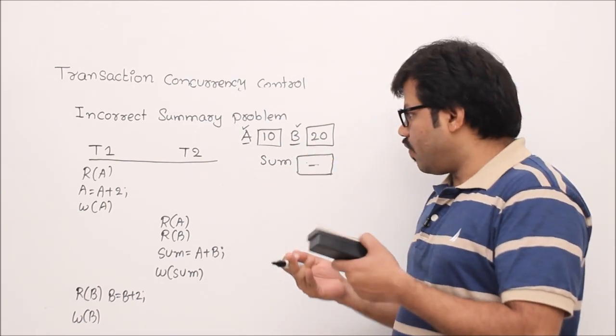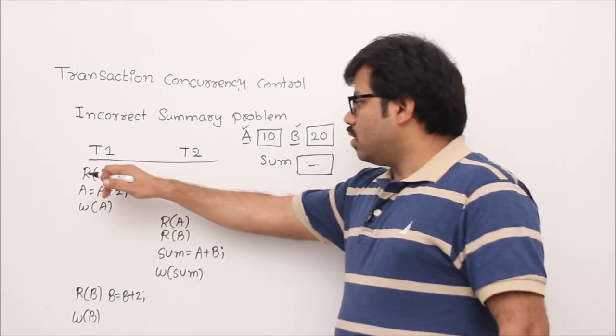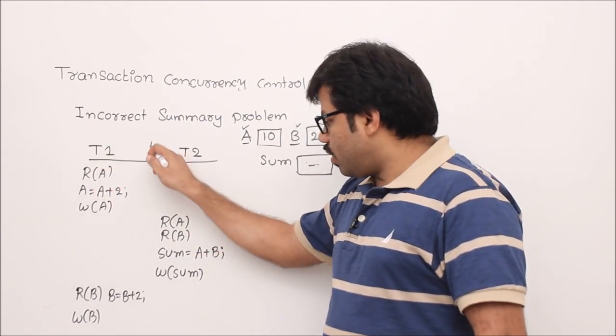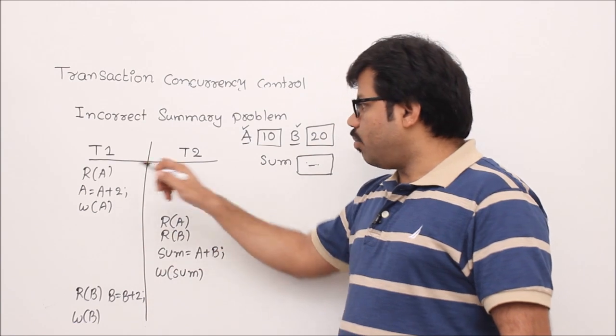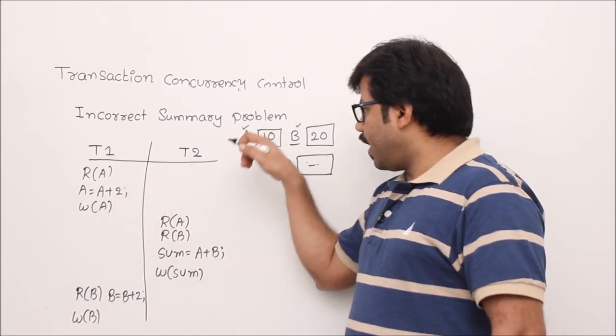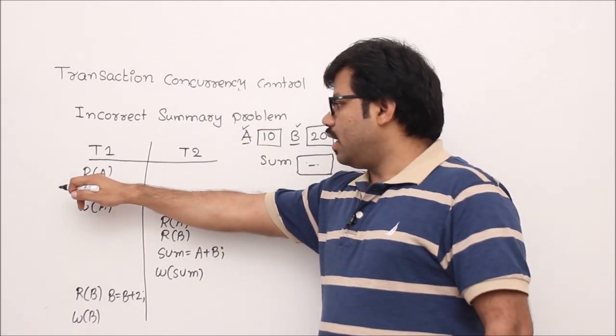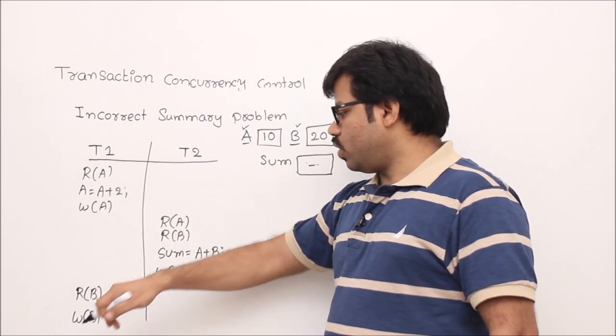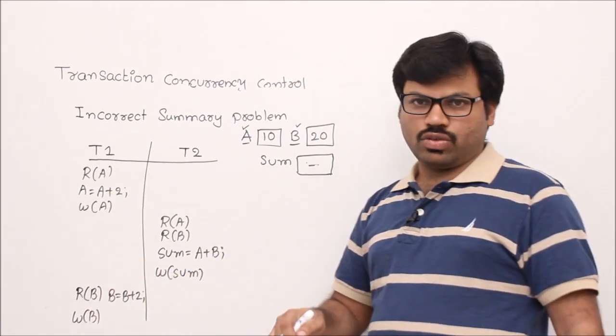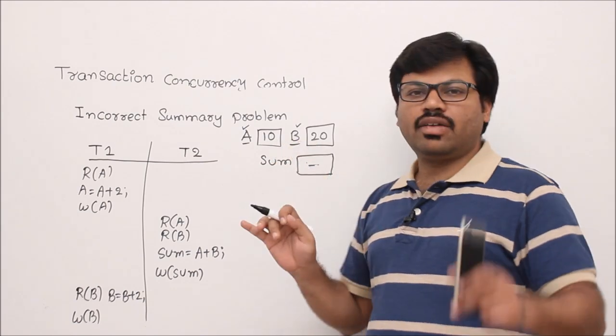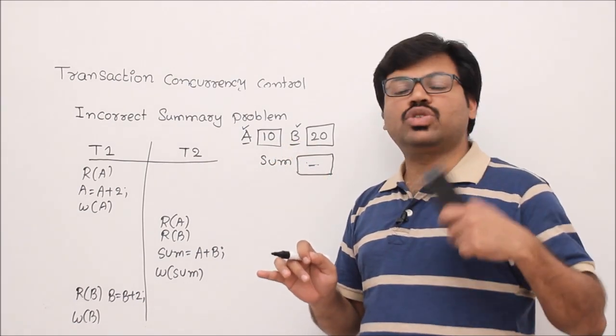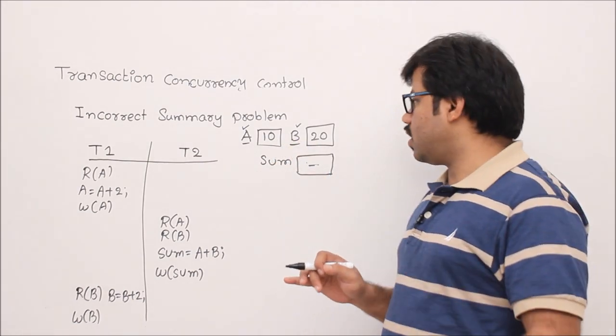T1 is a program that is updating every exam's marks by 2. It is reading A and adding 2, it is reading B and adding 2. That means the student gets 2 more marks in each subject.